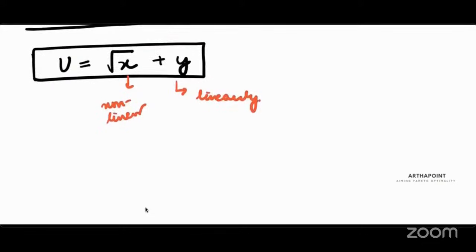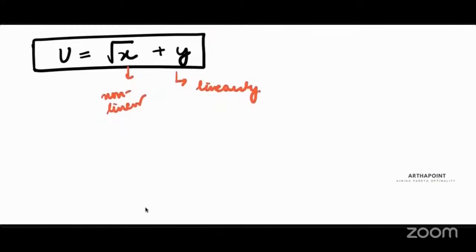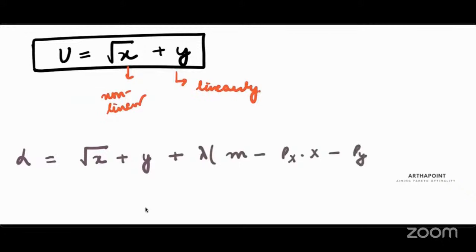So what I'm going to do is step 1, I will again solve using Lagrange. So I form a Lagrange, and I say that my utility that I have to maximize is root x plus y, and my constraint is my usual budget constraint, so plus lambda into m minus px into x minus py into y.